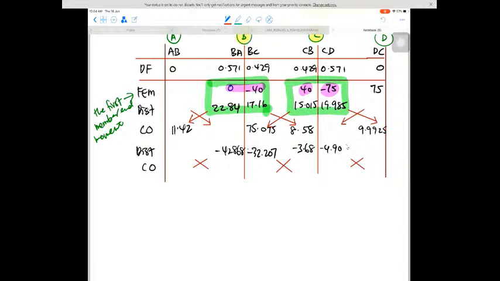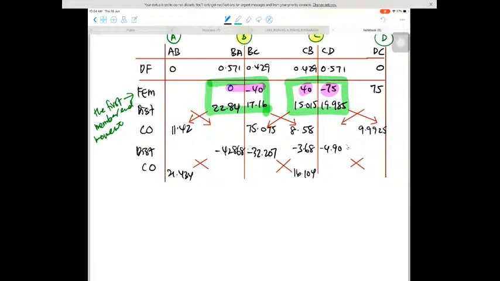Okay, so negative 42.868 divided by 2 is 21.434. Okay, 32.207 divided by 2 is 16.104. Okay, 3.68 divided by 2 equal to negative.